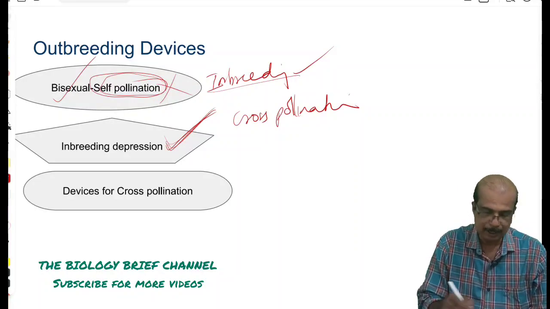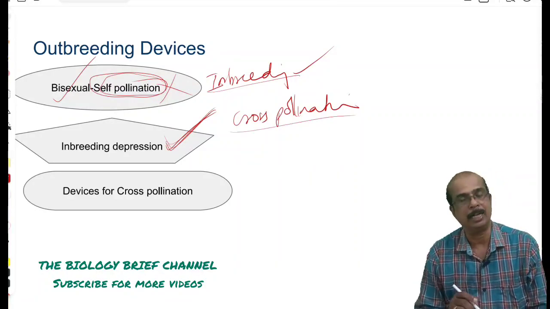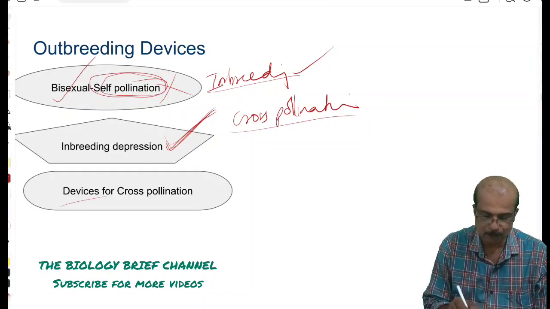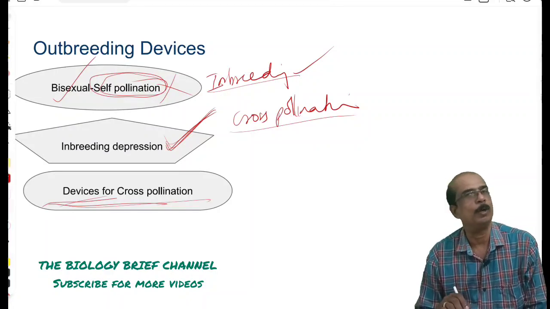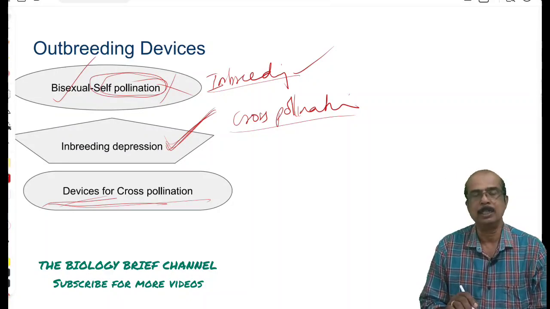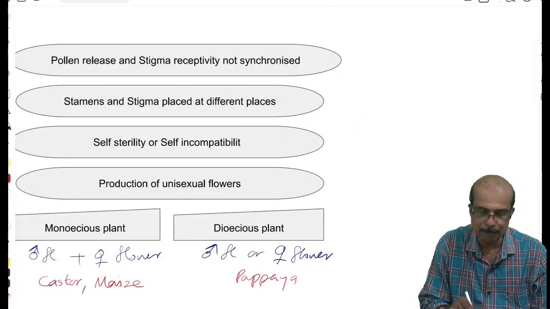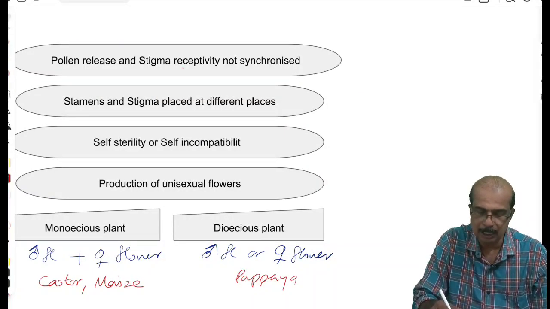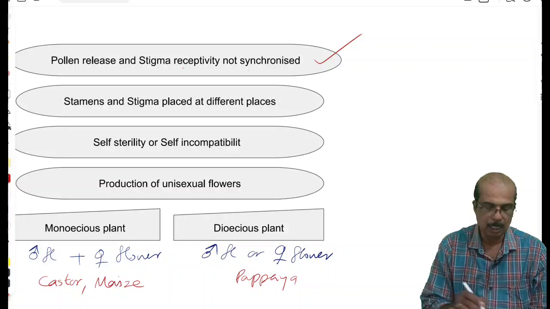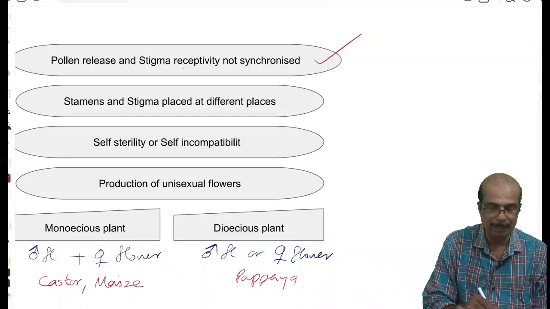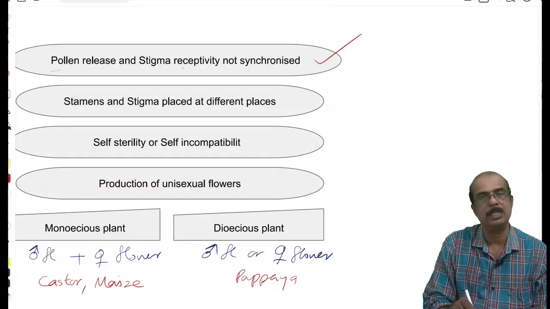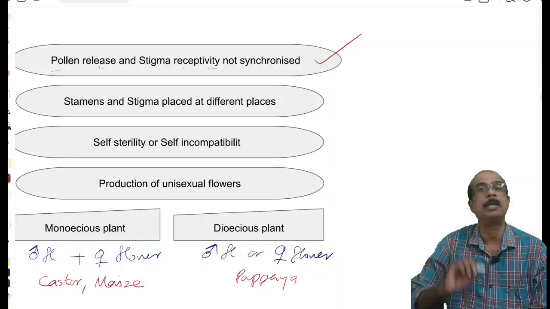Therefore, there are some devices. The plants have adapted many devices for promoting cross-pollination. Let us discuss one by one. Pollen release and stigma receptivity are not synchronized. That means pollen release or pollen maturity and stigma receptivity are not at the same time.